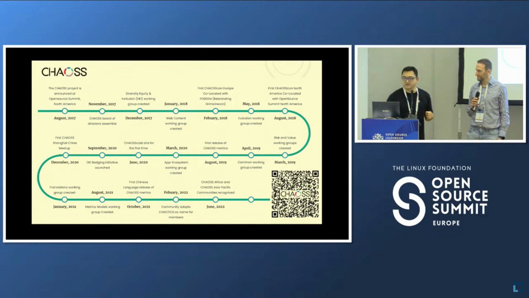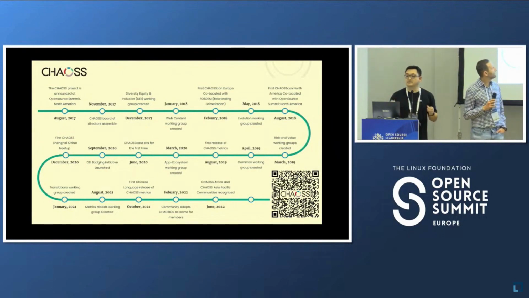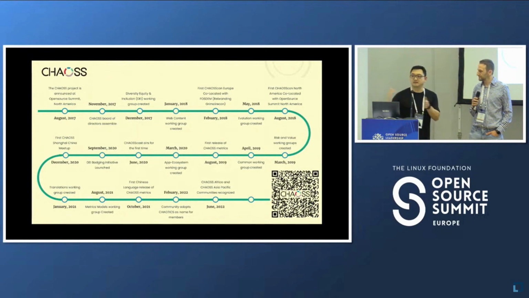Our first release of CHAOSS metrics happened 4 years ago, in 2019. At the very beginning, we had just 30 metrics released. But right now, we have almost 100 metrics released, plus 11 metrics models. When I joined the community 2 years ago, we started this translation work, translating from English to Chinese and to some other languages.